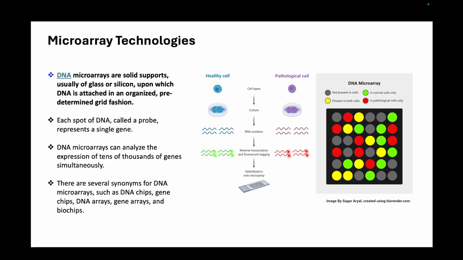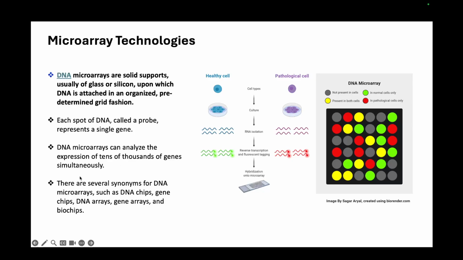This technology has been widely used, but now because we have better technologies, we are slowly moving away from microarray. But still, it is a very cost-effective and good method to target a part of your genome and see if there are any mutations in there or not.